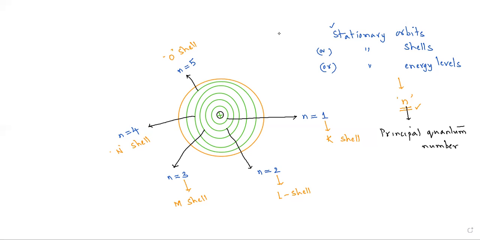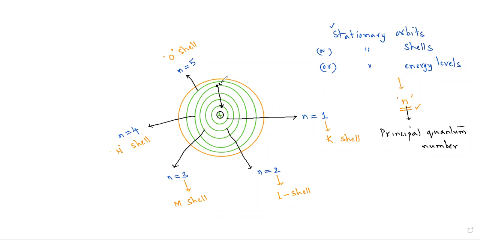See, supposing if you consider the electronic transition from, say, a higher energy level to a lower energy level. Now here, when electron is revolving, of course, it will have higher energy. And the electron that is revolving in this orbit will have lower energy.